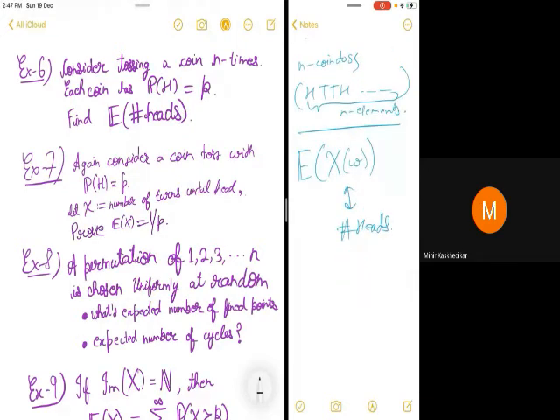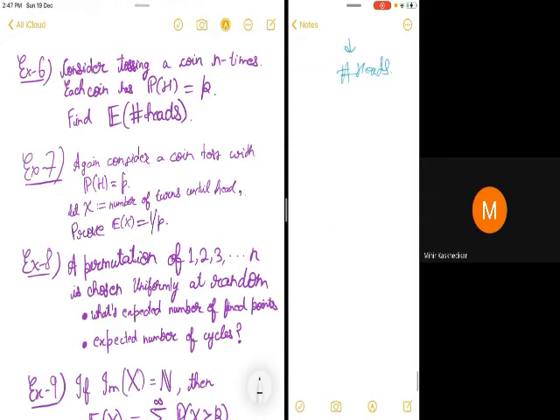Here our outcomes are the n coin tosses, and our random variable tells you the number of heads. So now maybe try this for some time.